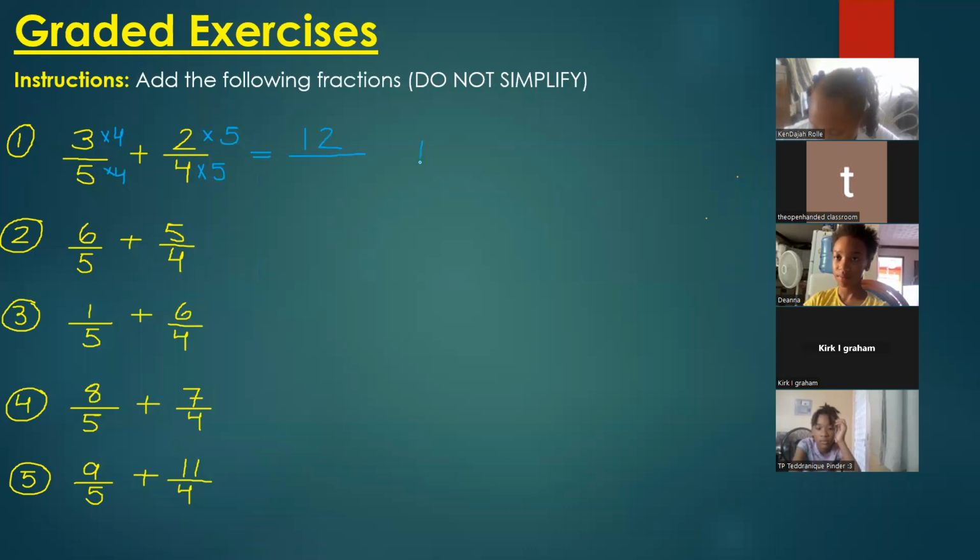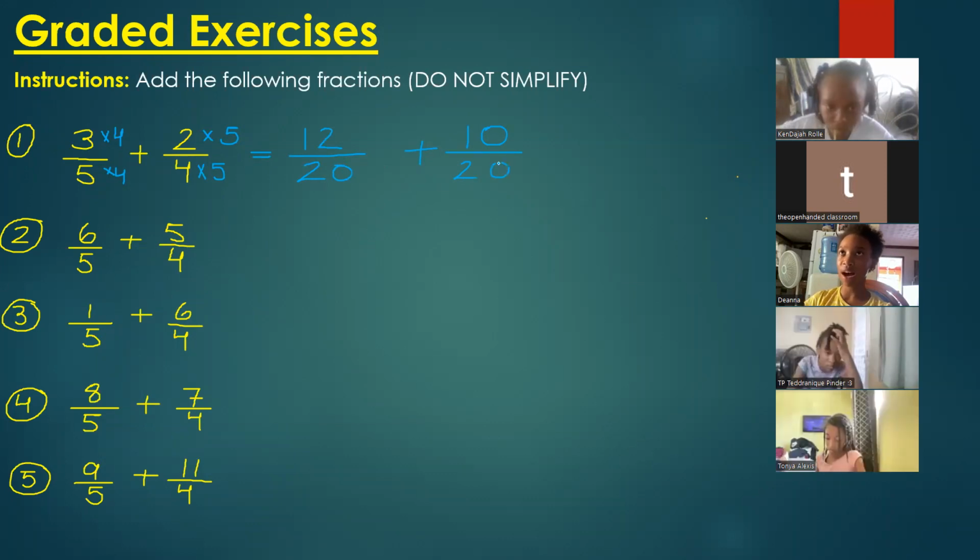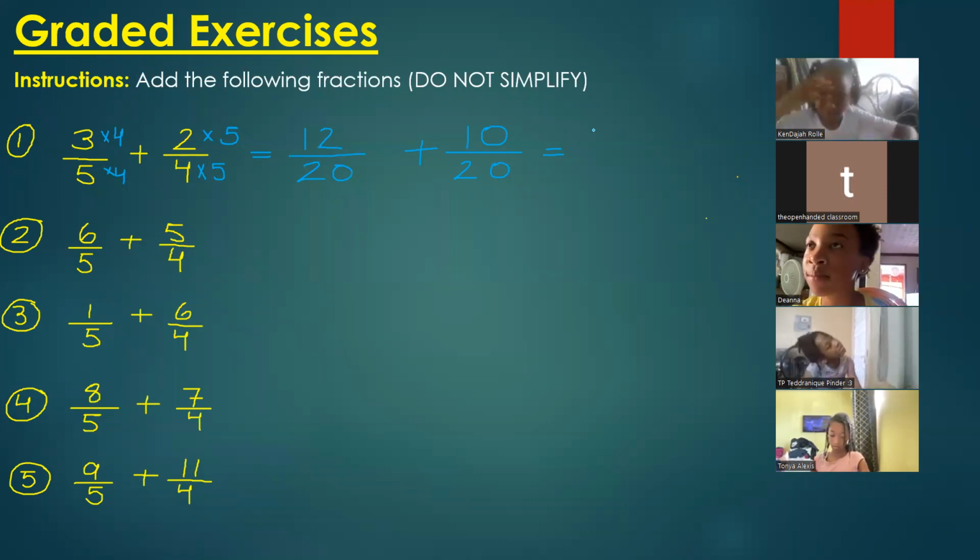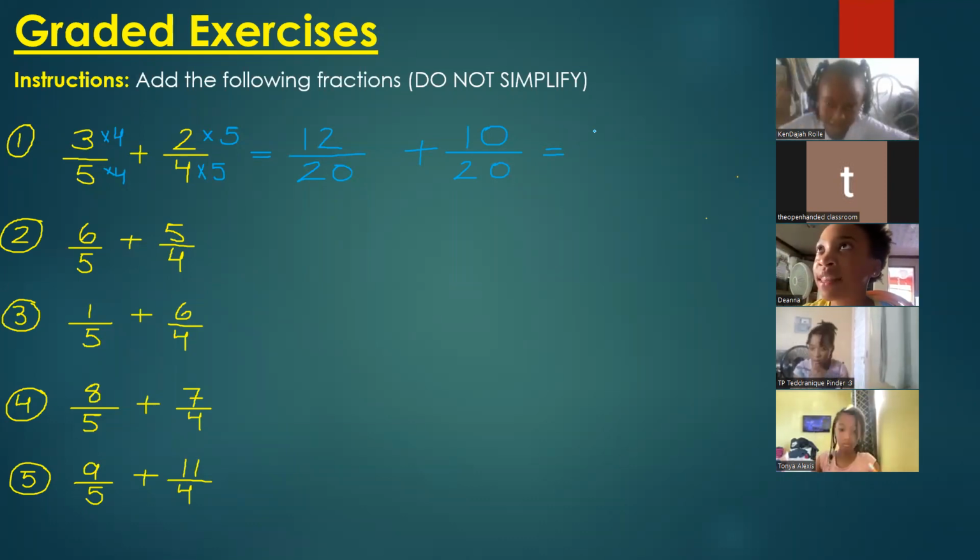Then we times the denominator. 5 times 4 is 20. So we put the 20 down. And 4 times 5 is 20. So now we add it. But we do not add the denominator. So we put the same denominator down. If you know math out of your head, then you could use it.